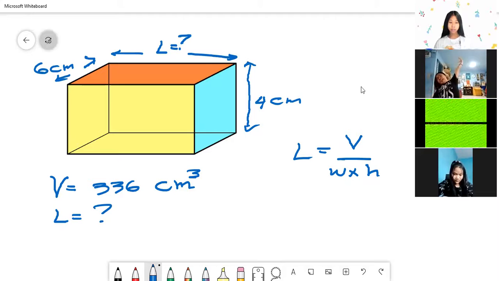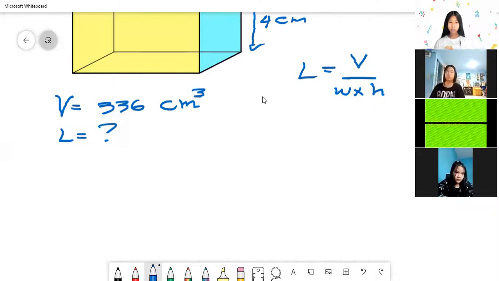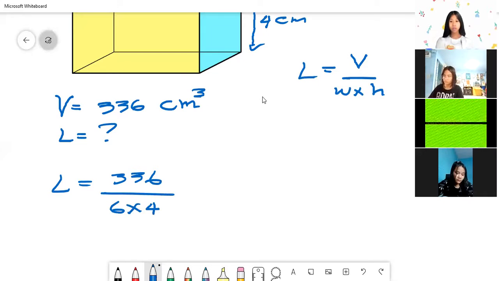So again, we will follow here. L is equal to 336 over 6 times 4. So 6 times 4 is? 24.